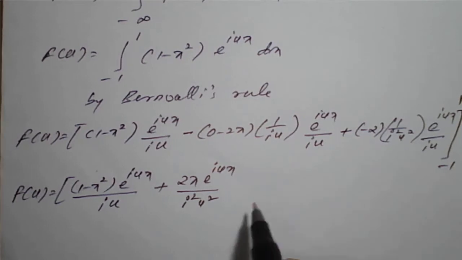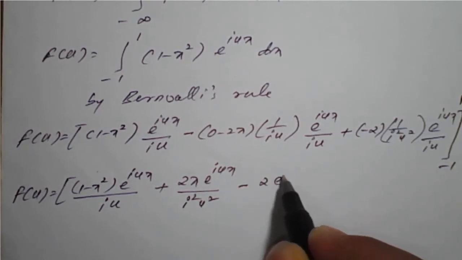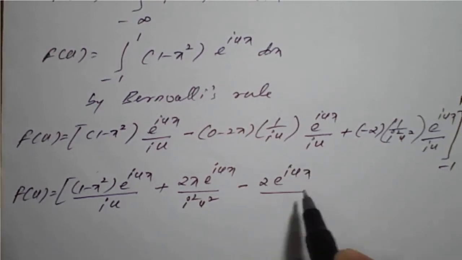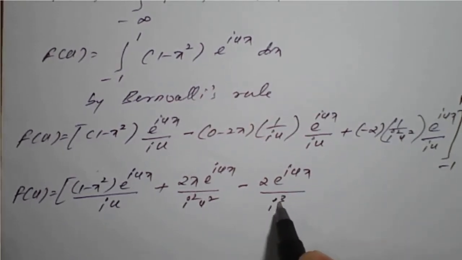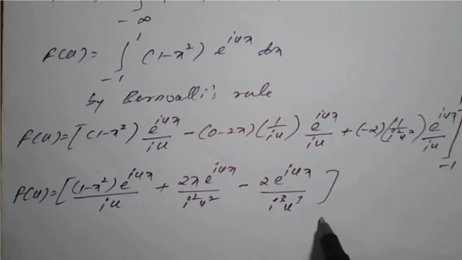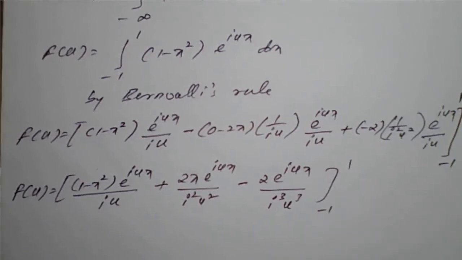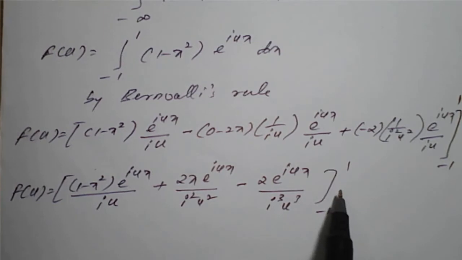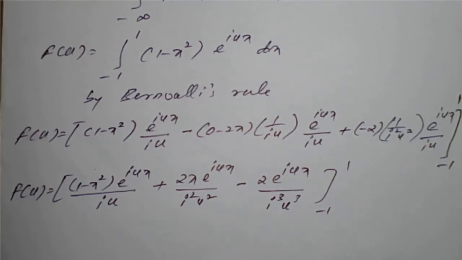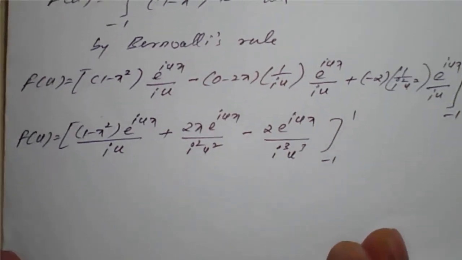Plus into minus is minus, 2 into e raised to i u x divided by i square u square into i u, it will become i cube u cube. So close with the limit minus 1 to plus 1. Now it is ready to apply upper and lower limits. We'll replace x equal to 1 as the upper limit and x equal to minus 1 as the lower limit.